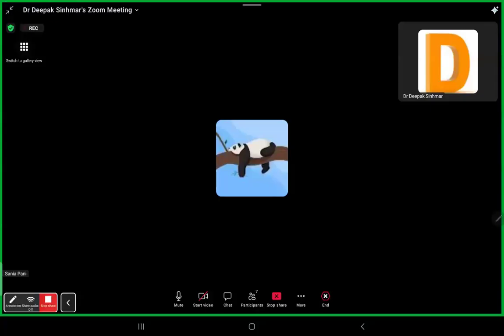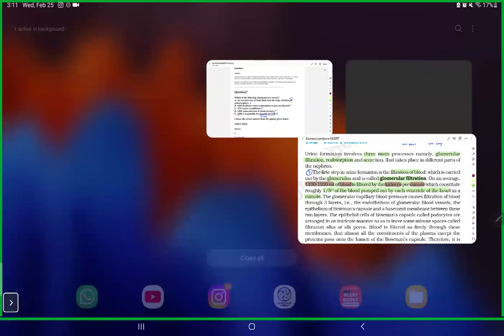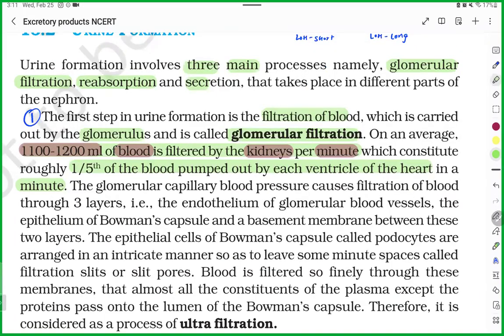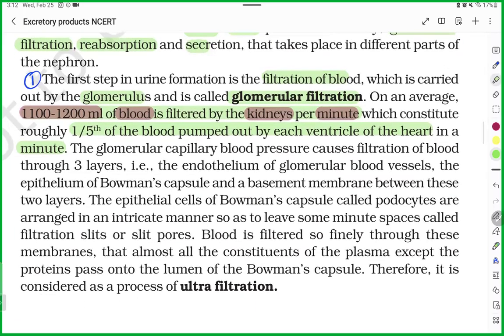This is equal to cardiac output, which is around 5 liters in a minute. Now we have to do filtration. For this filtration, there should be high blood pressure, because high blood pressure is responsible for filtration through the glomerulus. Correct? So this filtration happens through 3 layers.